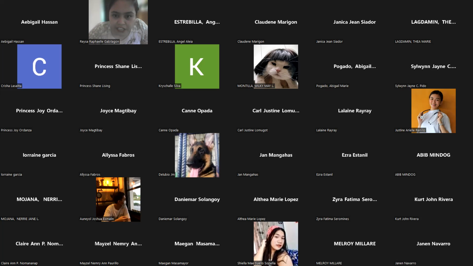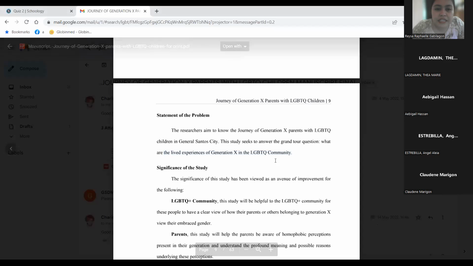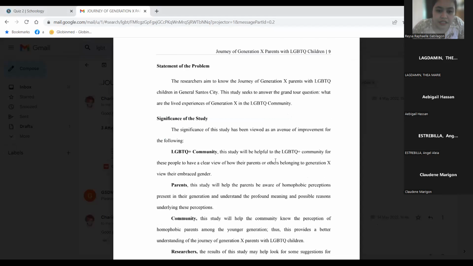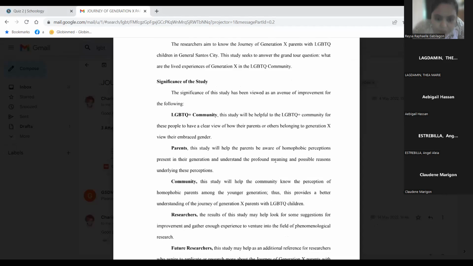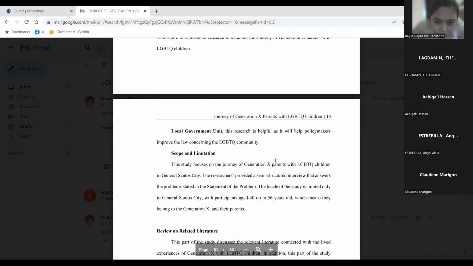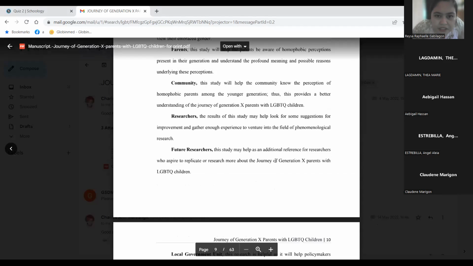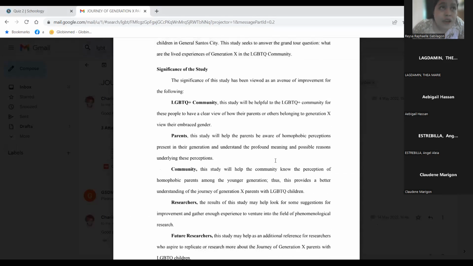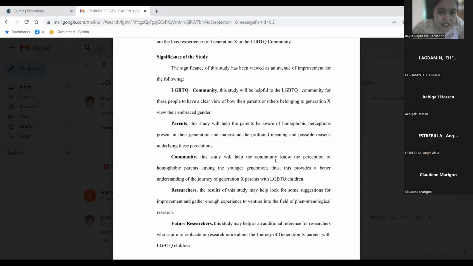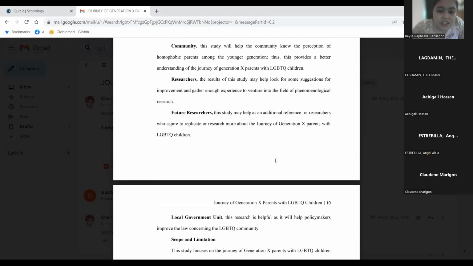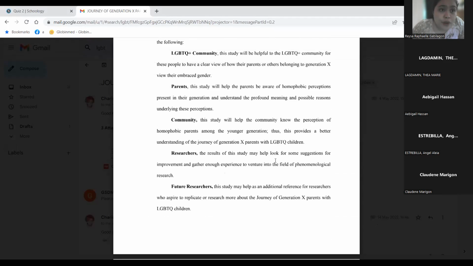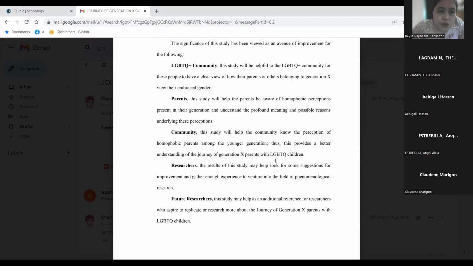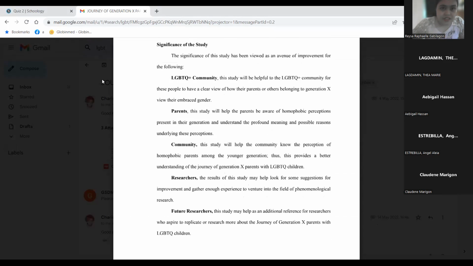Hatabangan ninyo siya pangita kung ano yung theory that will be related to your research. Okay? I don't know if this has a theoretical framework though. This one has no theoretical framework. Since this one is a qualitative research, after the significance of the study, diretso na siya sa scope. So again, walang theoretical framework yung qualitative research.